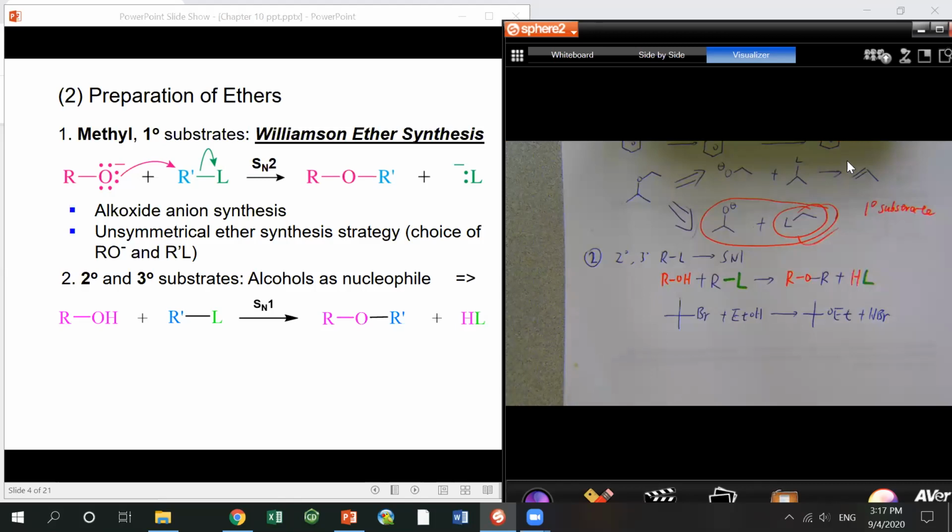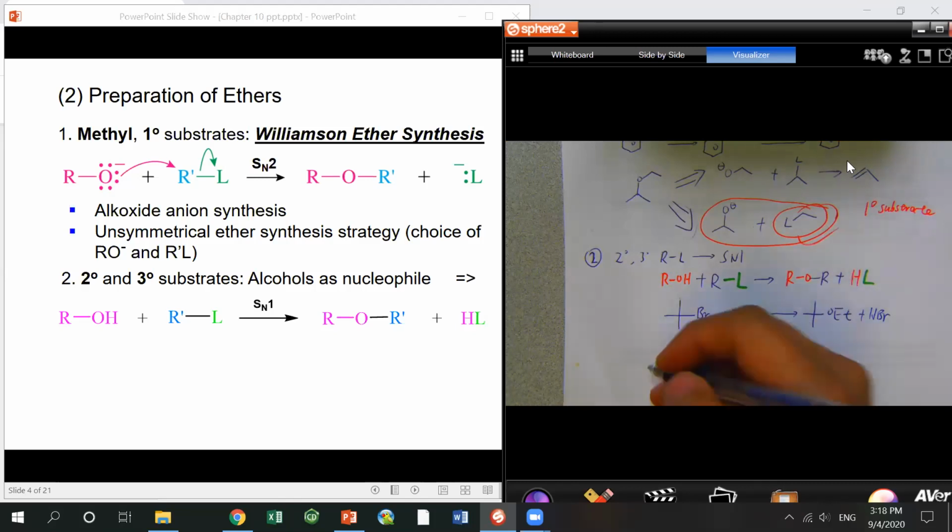All right, but we go back to secondary and tertiary. Normally speaking, tertiary is okay, so you can still get a decent amount of your product ether. But secondary normally gets a somewhat poor yield. In this case, some people try ways to push the equilibrium to the right.